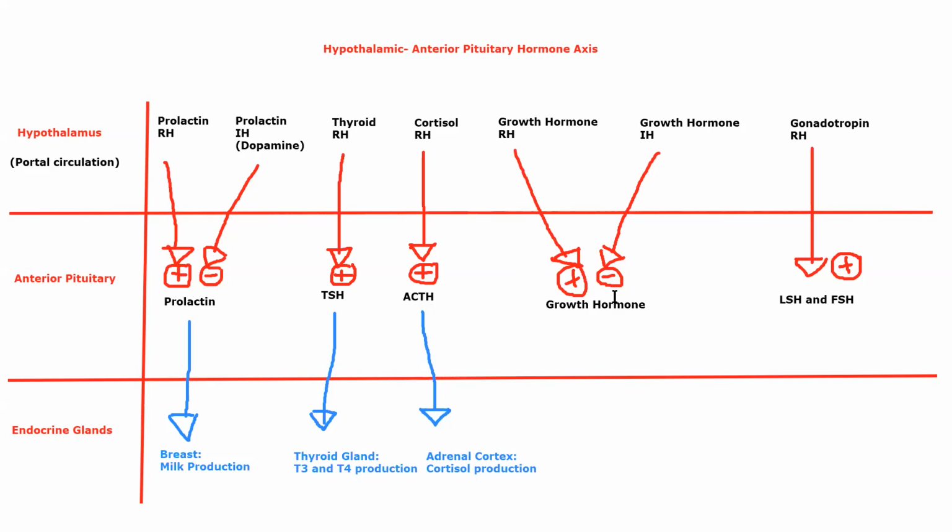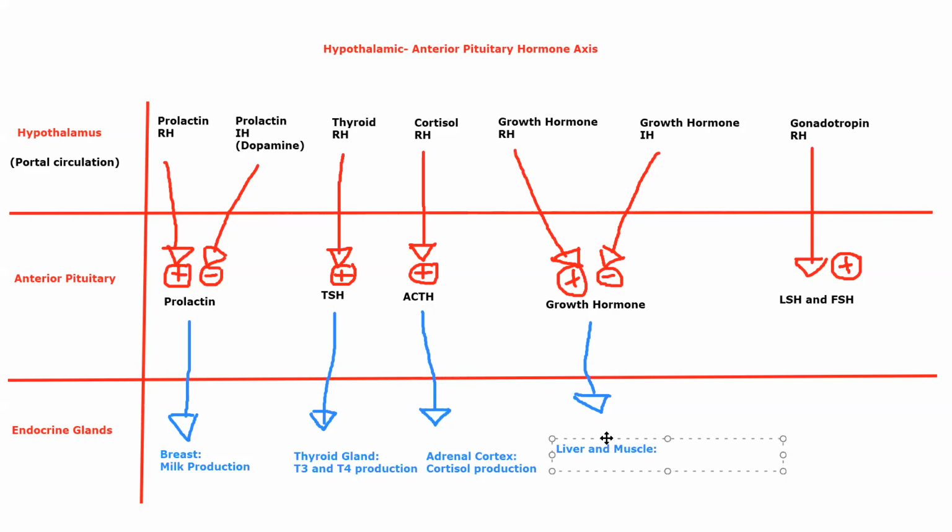And then growth hormone, we know, is going to act on a lot of our cells. It's going to increase growth throughout the body, but it's going to have a concentrated function on the liver and the muscle cells. So it can act on most of our cells, but its major action is on liver and muscle.